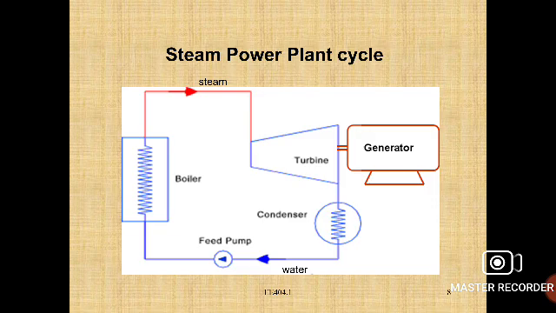Again the steam is transferred to the turbine, and the turbine will be rotated at high speed. Finally, the maximum amount of steam energy will be developed. At the same time, the rotation of the shaft is also very important to rotate the generator, which is used to develop the power.